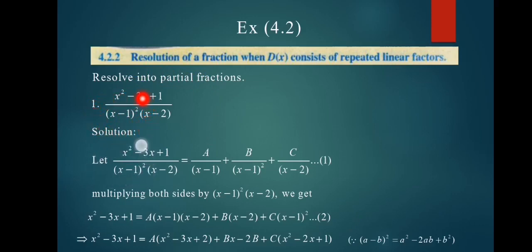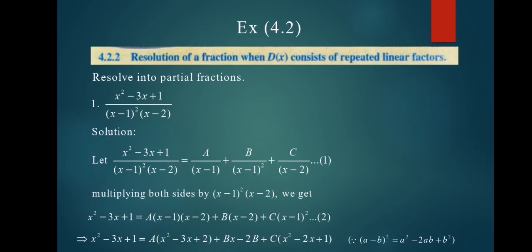It is linear since the power of x is not greater than 1, but it is repeated since it's x minus 1 whole square. So how are we going to decompose them into partial fractions? For this, let x square minus 3x plus 1 divided by x minus 1 whole square, x minus 2 is equal to, first we will take x minus 1 power 1 in the denominator.